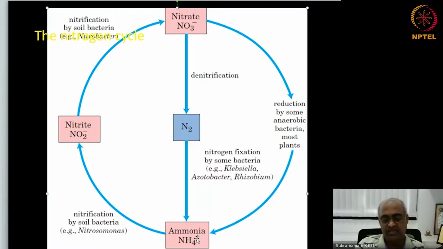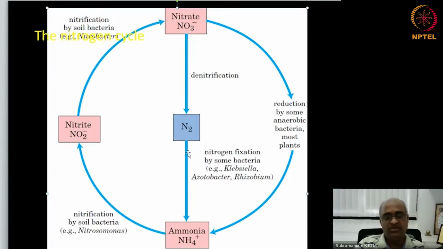For example, transamination of alpha-ketoglutarate, which is an intermediate of the TCA cycle, will produce glutamate. That is how nitrogen gets into the biological molecules. And some of the nitrates are converted back into nitrogen gas by the denitrifying bacteria.